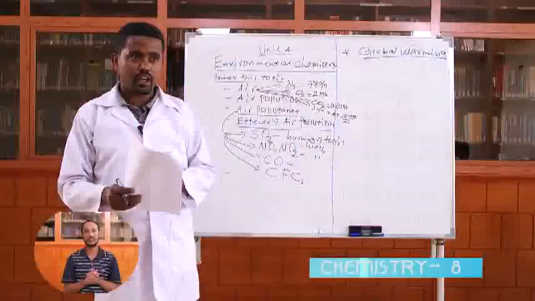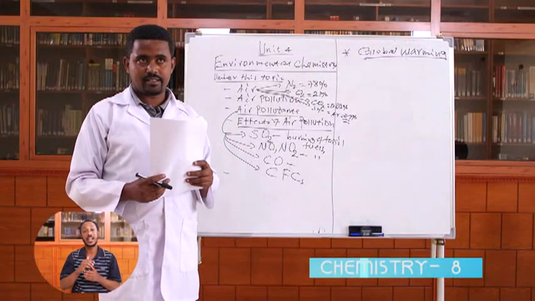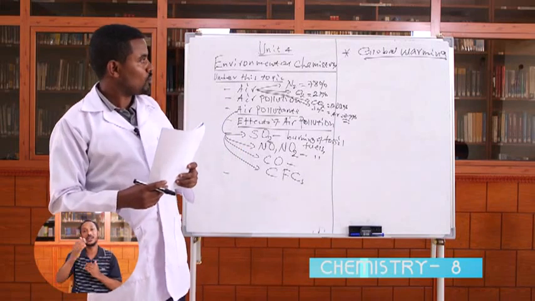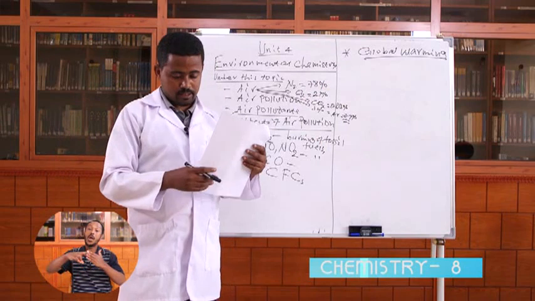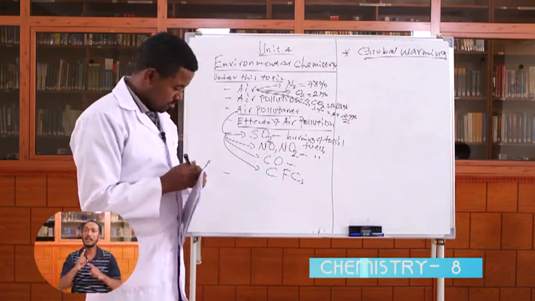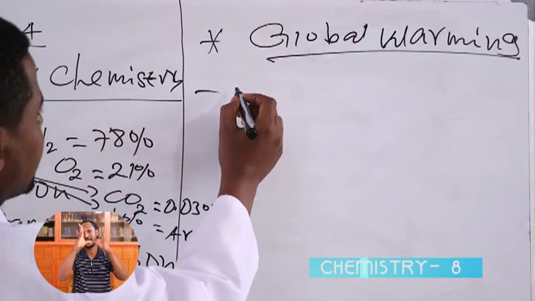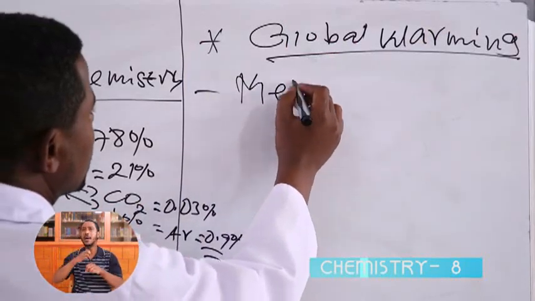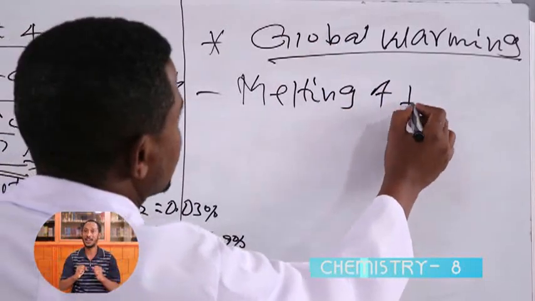And it has its own consequences. Global warming results in different problems, such as melting of ice.